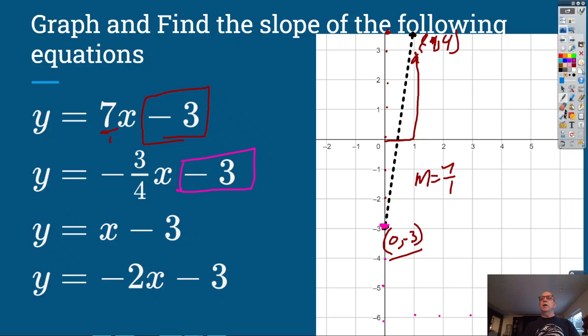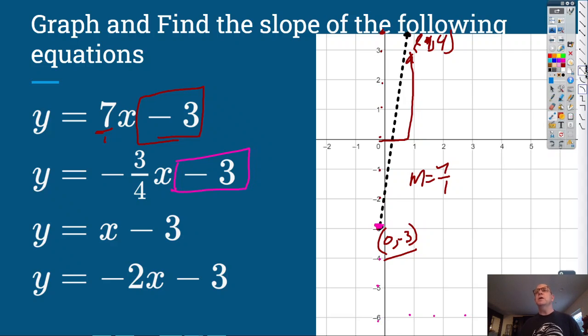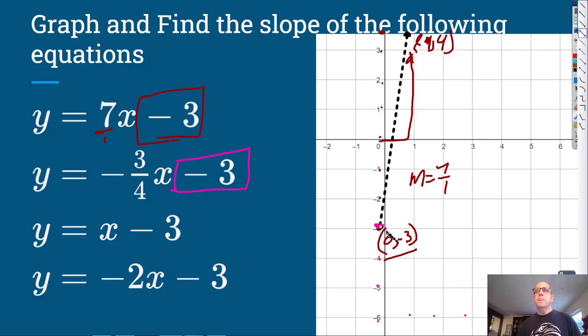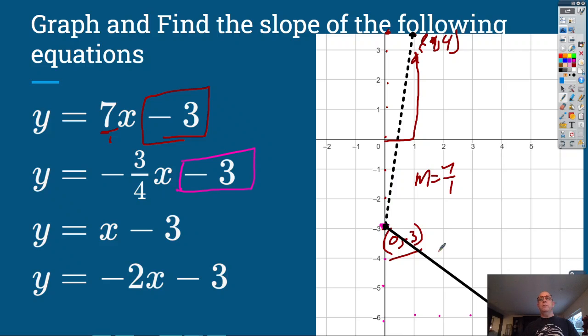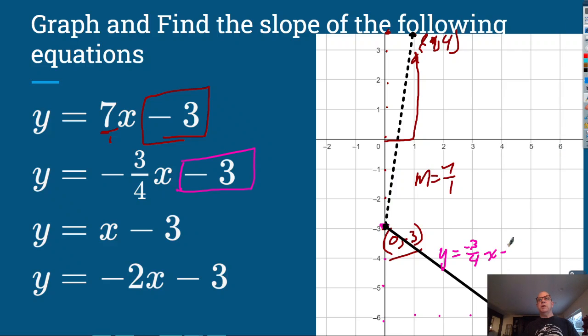So I'll do a solid line, this line. So this line up here is y equals -3/4 x minus 3. And this line was y equals 7x minus 3.